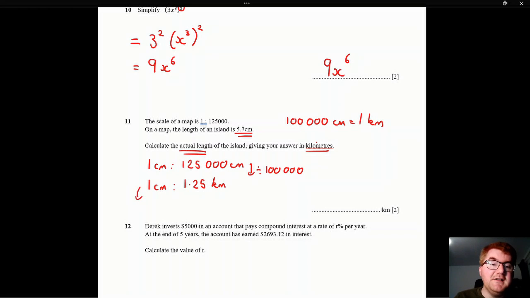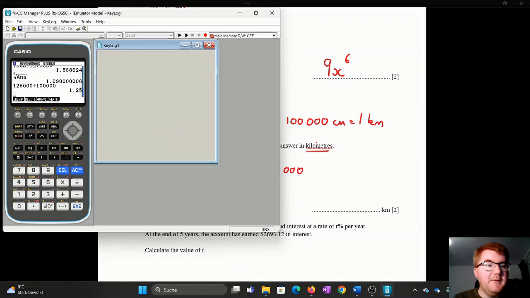So to work out the answer, because we've got 5.7 centimeters, we just need to multiply both sides by 5.7 to then work out the actual length of the island. So we pop this answer in. We can use the answer button, always very helpful, then times it by 5.7. That then gives us 7.125 kilometers.